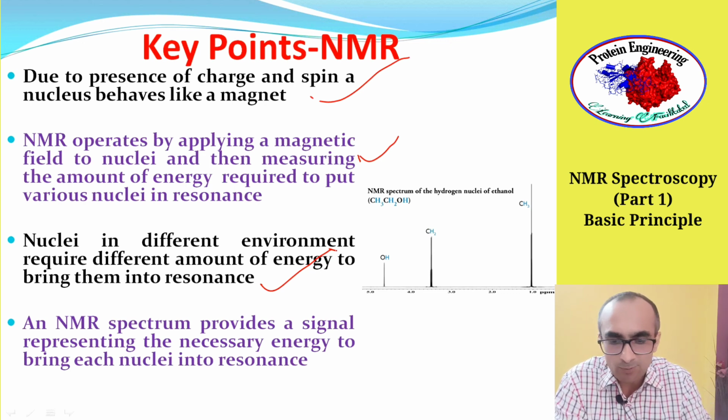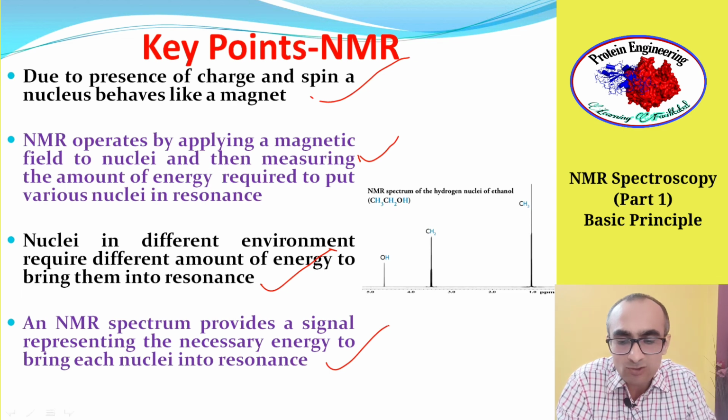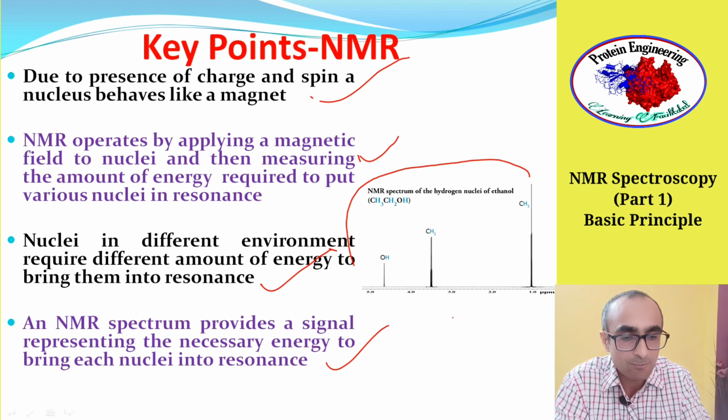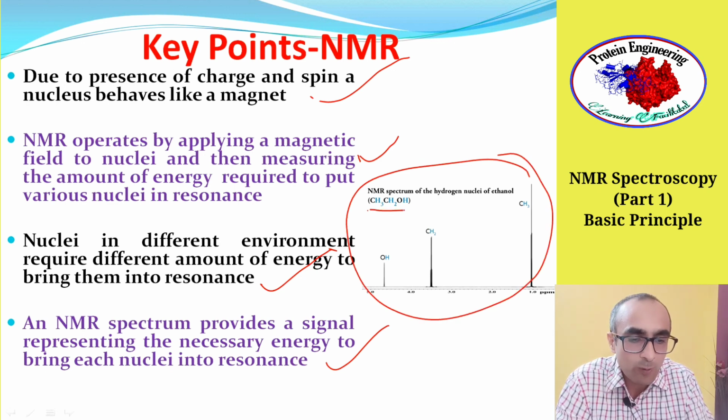And an NMR spectrum provides a signal representing the energy change necessary to bring each nucleus into resonance. For example, if we look at the ethanol NMR spectrum, CH3CH2OH, there are 3 types of protons here: one forming the methyl group, then the methylene group, and the OH group.